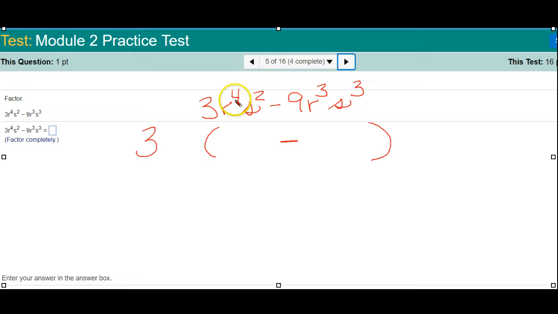Now for the letter part, r to the 4th, r to the 3rd. The greatest you can take out of both is going to be r to the 3rd. And then we have s to the 2nd, s to the 3rd. So the greatest you can take out is s to the 2nd. Then we'll let you fill it in. Gave you a hint on this one.